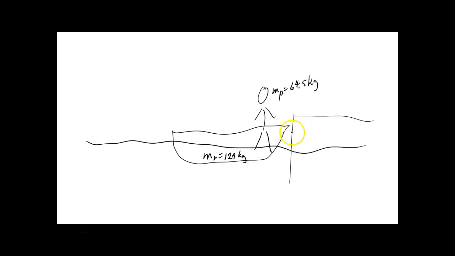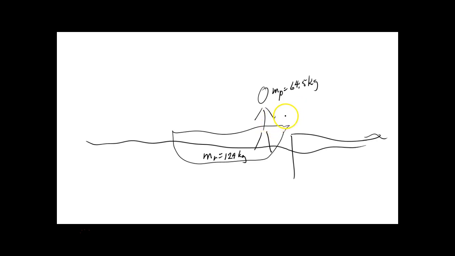Let's bring the dock down a little bit, maybe to here, so it's an easier step, okay? Here's the dock. He steps off the rowboat with a force of 34.0 newtons.